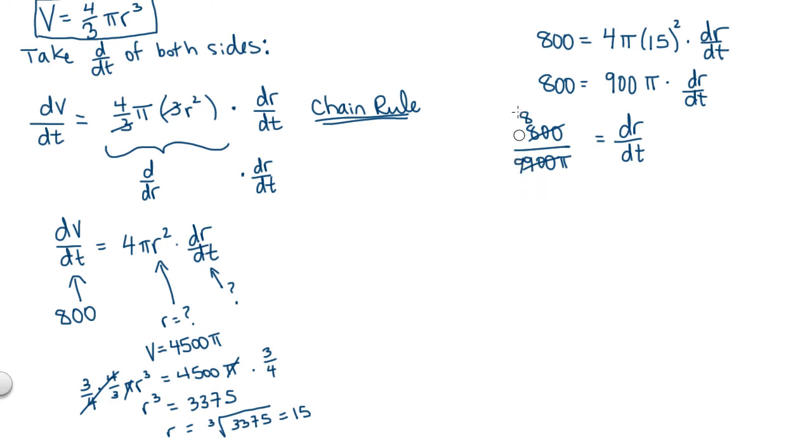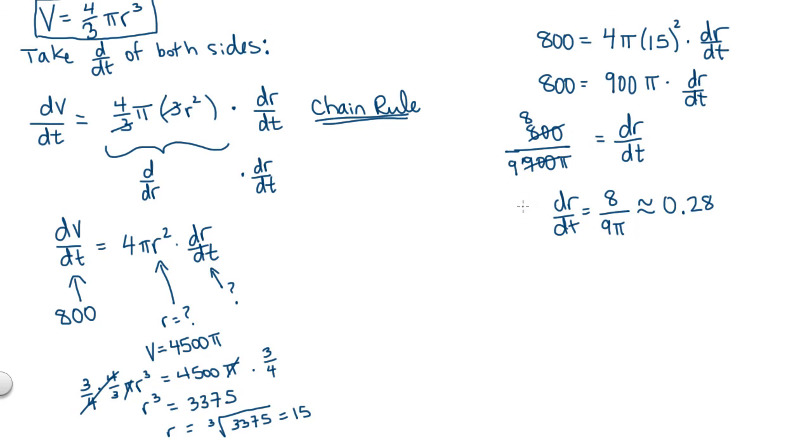and it will become just 8/9 pi. So dr by dt is 8/9 pi. If you wanted a decimal expansion for your answer, you can try this on your calculator. It works out to about 0.28. Now in this problem we were given units in the question, so let's make sure that we give units in our answer.